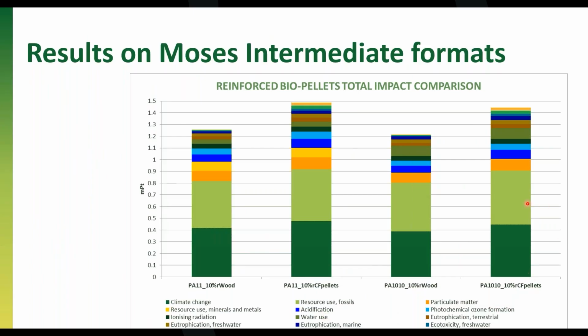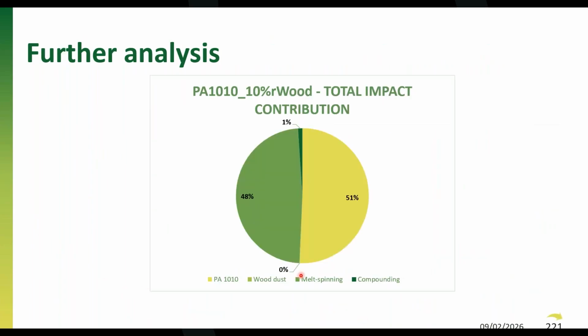So doing this, the project continued with the recycled wood polyamide 1010 and the polyamide 1010 with 5% carbon fibers, as we try to reduce as much as possible the impact of the carbon fiber.